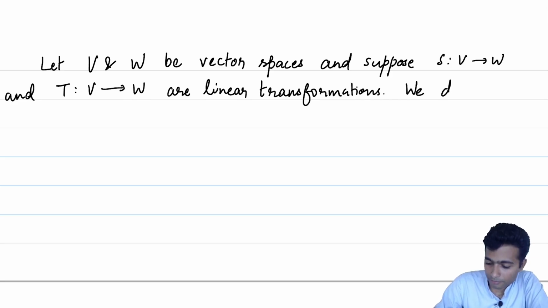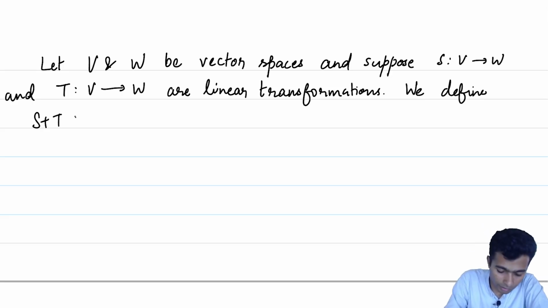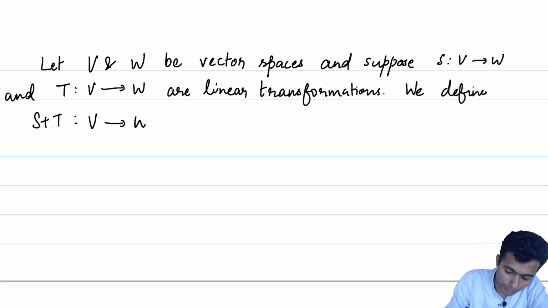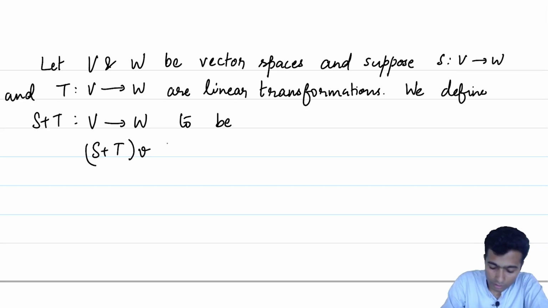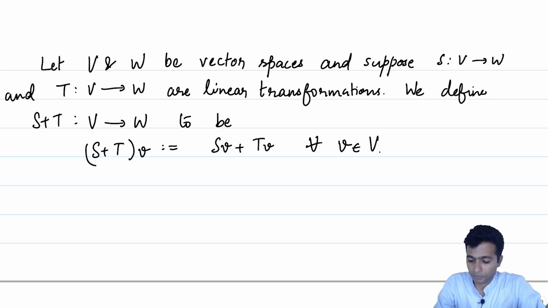We define S plus T, a transformation from V to W, by (S plus T)(v) equals, by definition, S(v) plus T(v) for all v in V. Note that S(v) and T(v) both are vectors in W, and therefore we can talk about addition of these vectors in W.